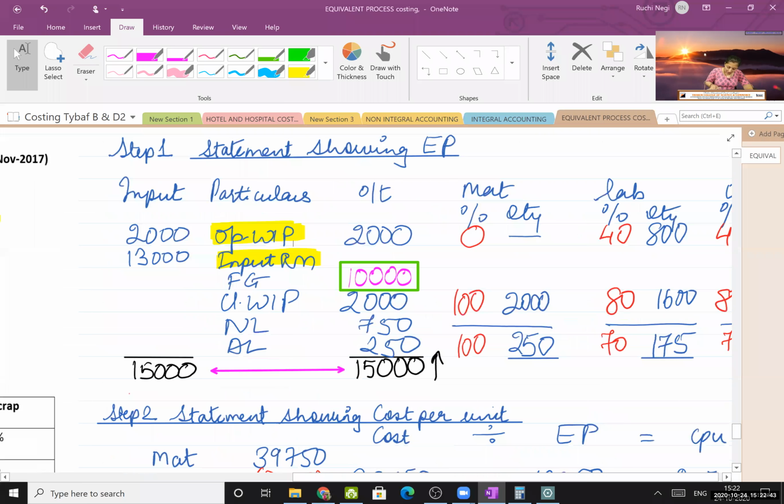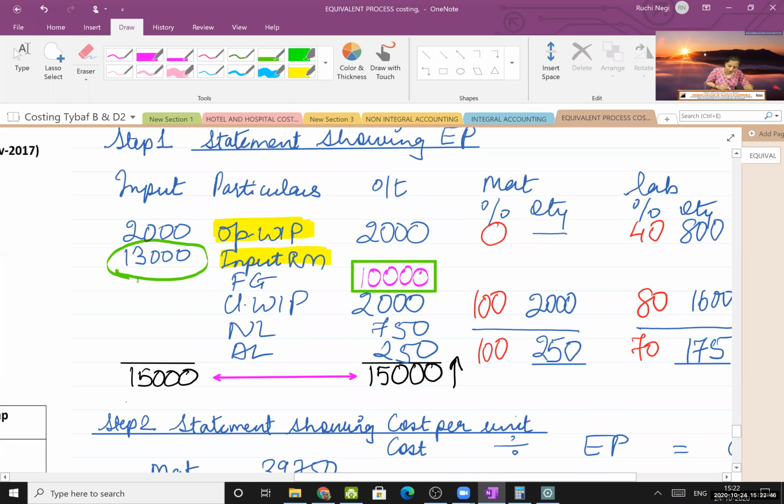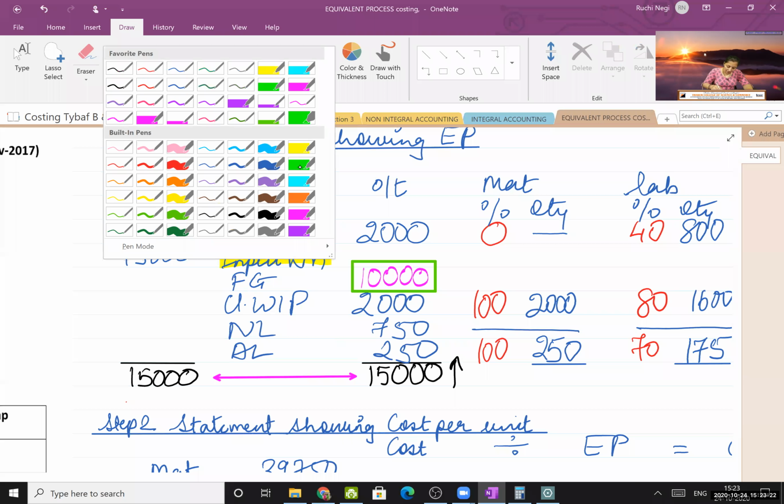Look here. ये दिख रहा है आपको 13,000 यूनिट्स. 13,000 में से 2,000 माइनस करो 11,000. 11,000 में से 1,000 माइनस करो 10,000. Is this clear? Because ये जो है it is combination of this 13,000. So this is one way of doing it, and the other way of verifying your answer is this technique. You should know both the techniques, because you should be double sure about your answer always. तो समझ में आया ना? Clear ना?